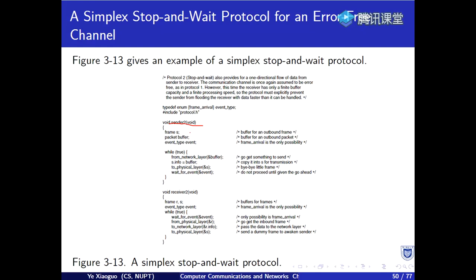One is for the sender, one is for the receiver. Then the while true means this sender can transmit the frames again and again.